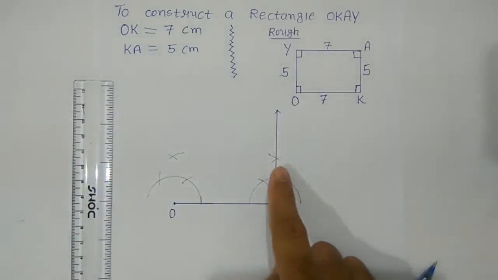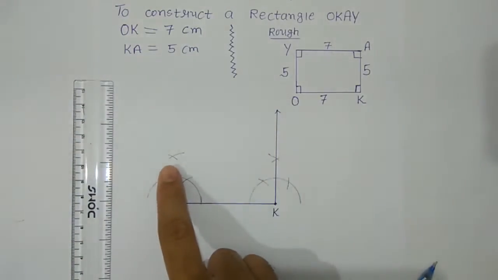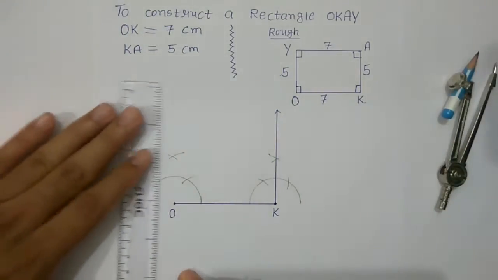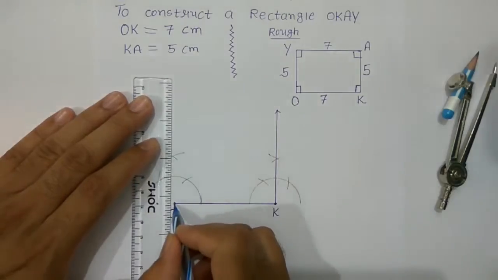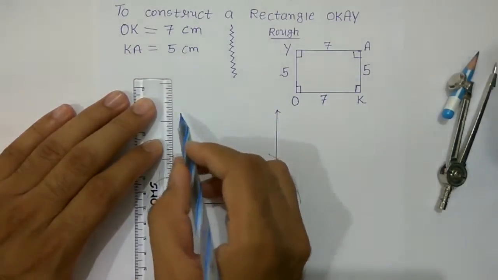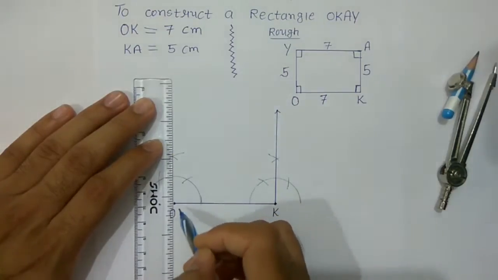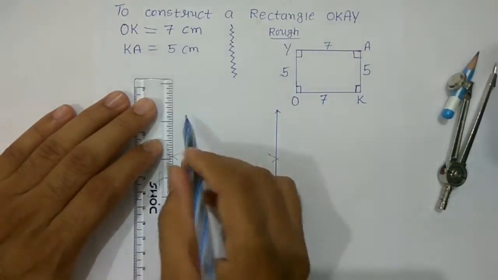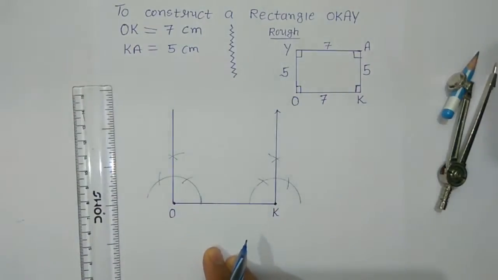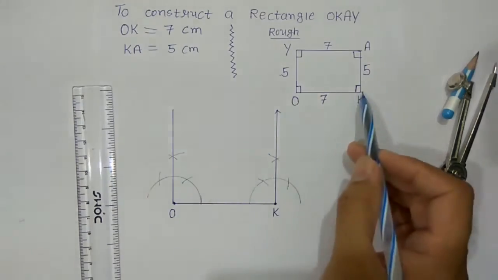So here also we get one another point. Now join O and this point. By joining, we will get one more line. So here also this angle becomes 90 degree. Now both the angles we have constructed.